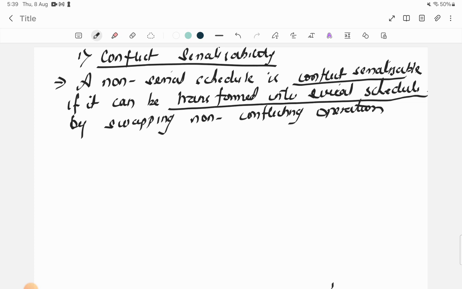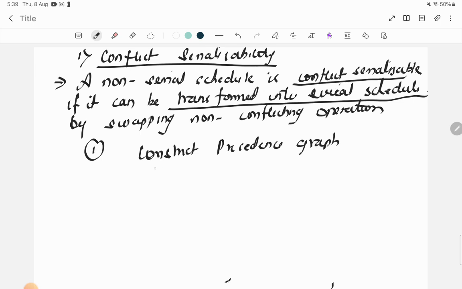So what are the steps? First of all, we check for conflict serializability, and for that we construct a precedence graph. I'll solve a question and show you.